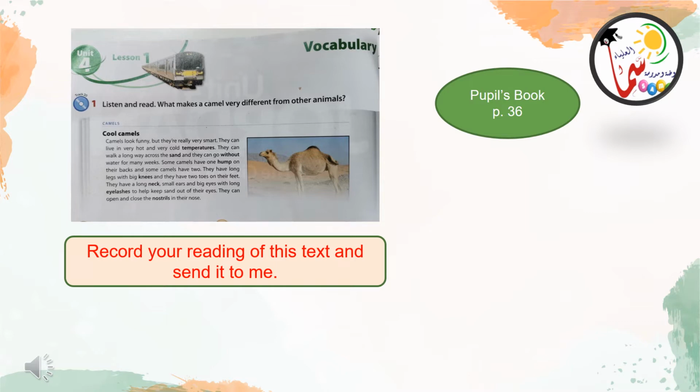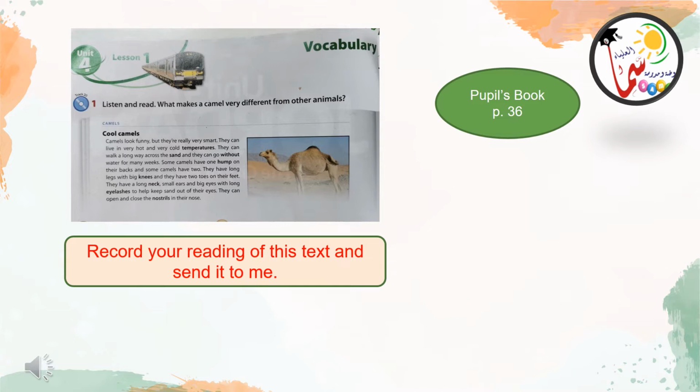Unit 4, Lesson 1, Activity 1, page 36. Listen and read. What makes a camel very different from other animals? Cool camels. Camels look funny, but they're really very smart. They can live in very hot and very cold temperatures. They can walk a long way across the sand, and they can go without water for many weeks.